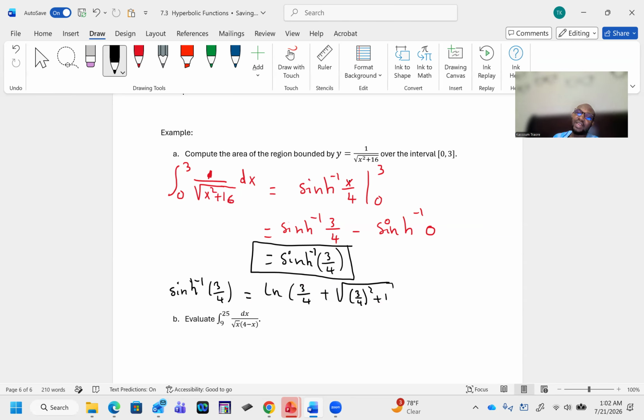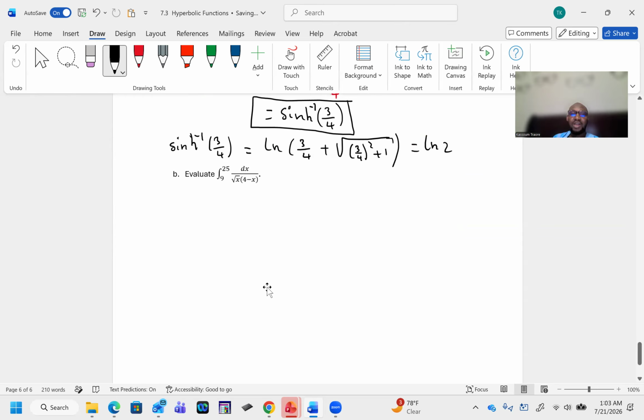The square root of 25 divided by 16 is 5 divided by 4. 3 plus 5 is 8. 8 divided by 4 is 2. So the exact value is ln of 2, or you can approximate, okay?